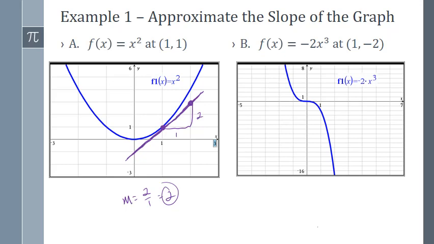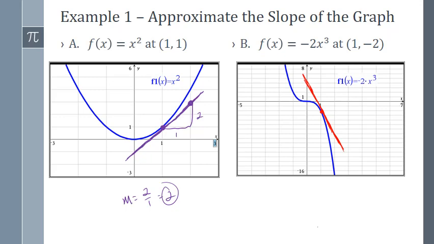Very similarly for b, f of x is equal to negative 2x cubed, and I want to find the slope at (1, negative 2). So I found my point (1, negative 2), and then I'm going to draw my tangent line, and that might look something like that. So there's my tangent line.